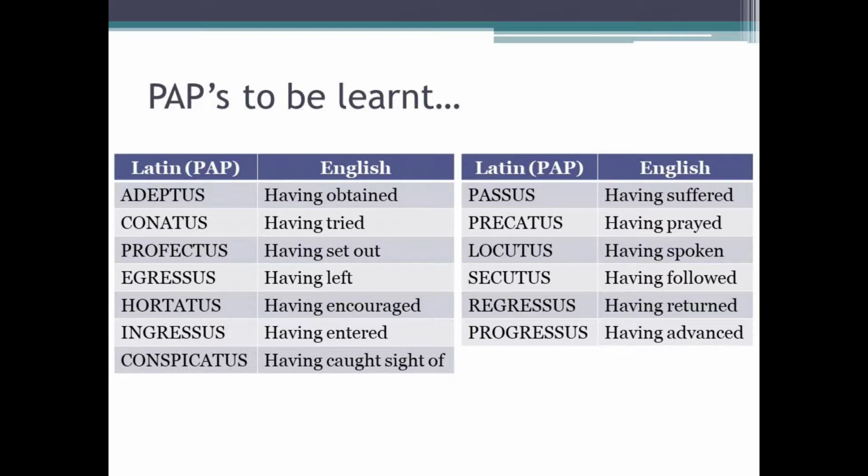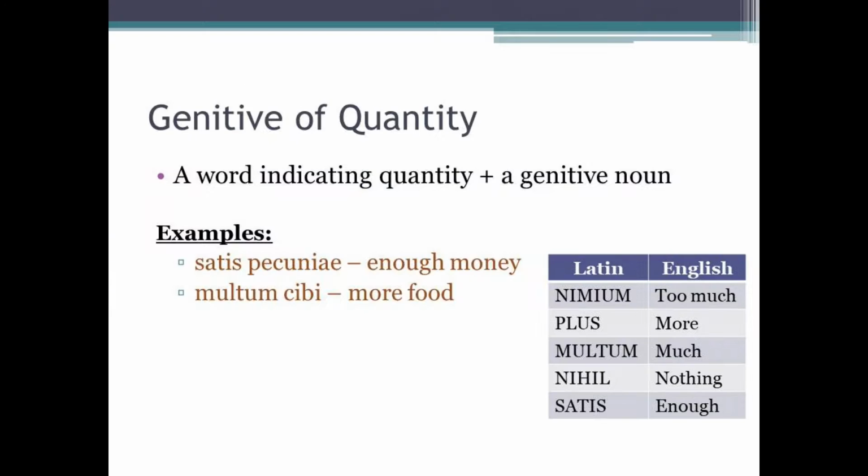Feel free to pause the video if you want to reread those and or make a note of them to test yourself later. So let's briefly move on from the PAP and have a look at more uses of the genitive case. So as you'll already know, the genitive is used to express possession. It can also be used in a genitive of quantity, which includes a word indicating quantity plus a noun in the genitive case.